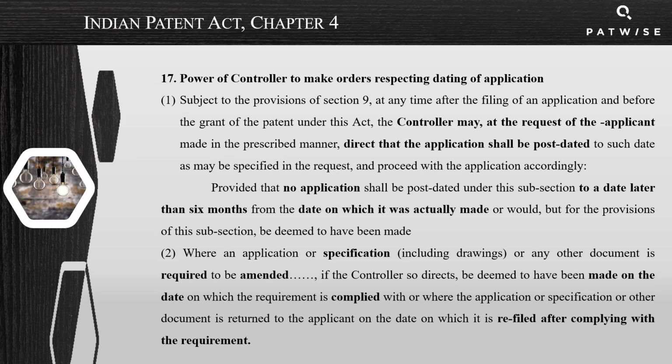This is only an exemplary statement, but otherwise also an applicant has a standing where he can request the controller of post dating, that is moving the filing date of the application further ahead by 6 months. So in such an application, the controller has the power to move the date of the application, but it has to be noted that the post dating of the application cannot be more than 6 months.